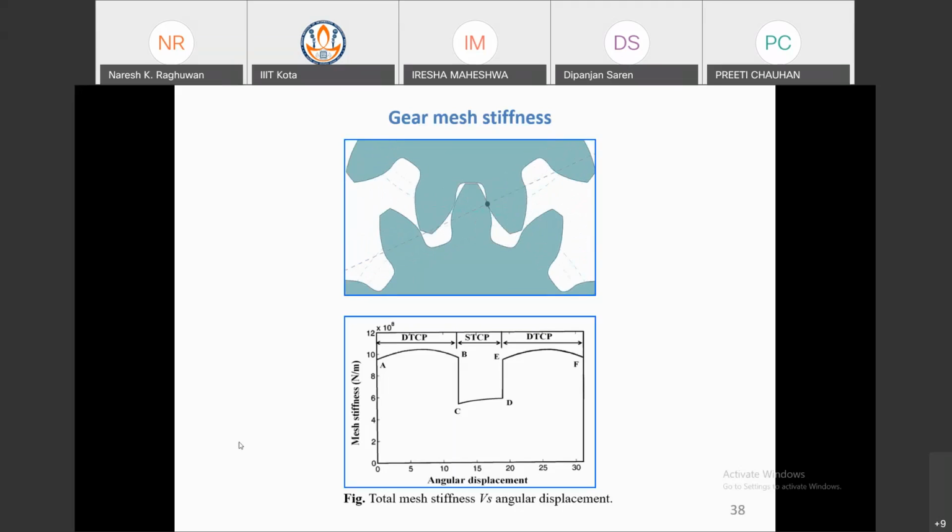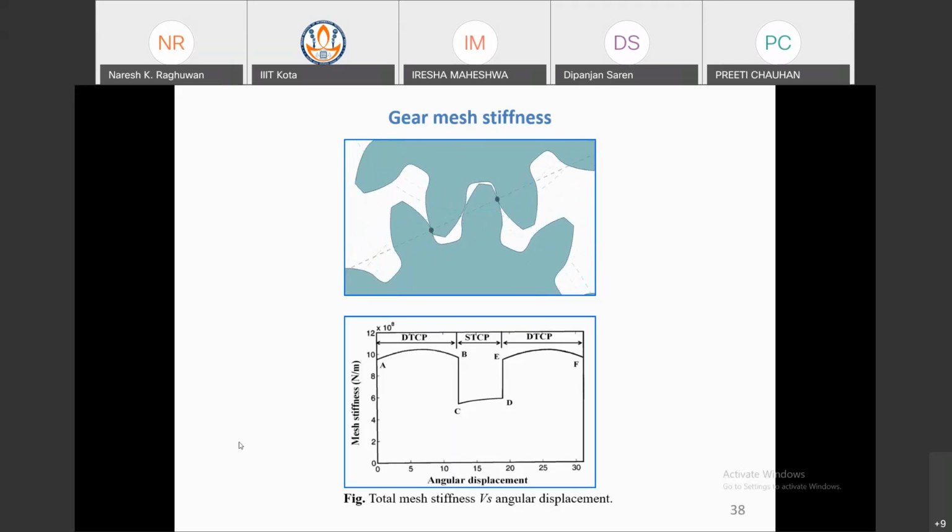So from DTCP to STCP, there is a change from four teeth to two teeth, that is, two pairs to one pair.